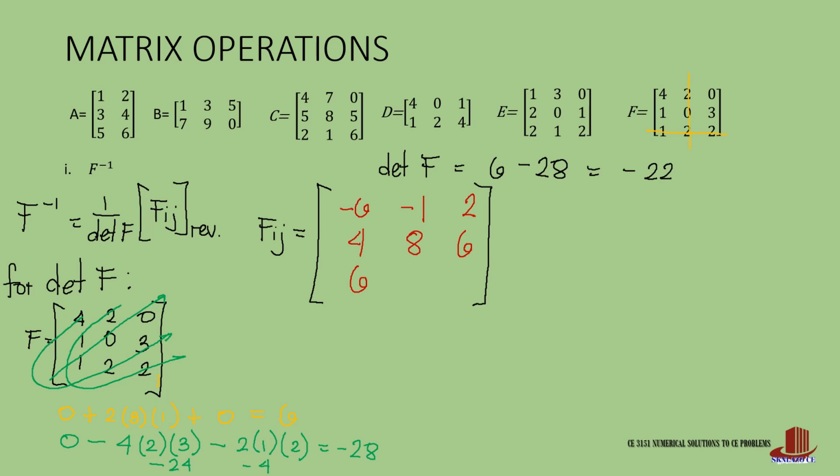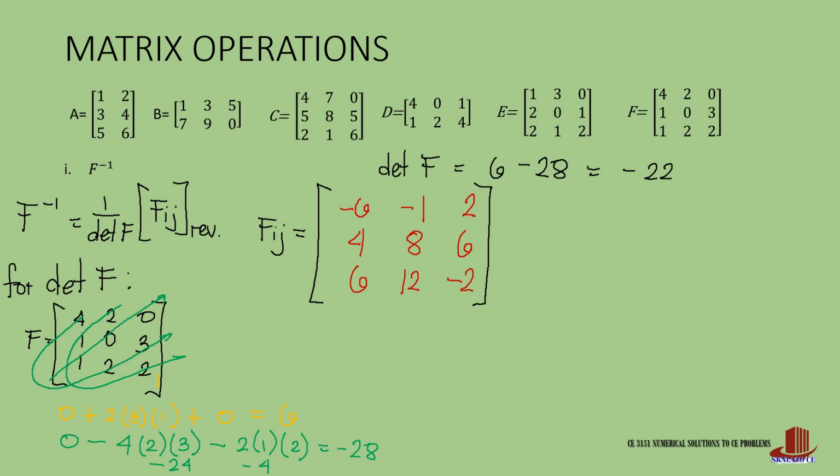Next, we have 4 times 3 is 12, minus 0. And lastly, we would have 4 times 0 is 0, minus 2. And that would be for our partial cofactor, because we would still have to work with our signs.